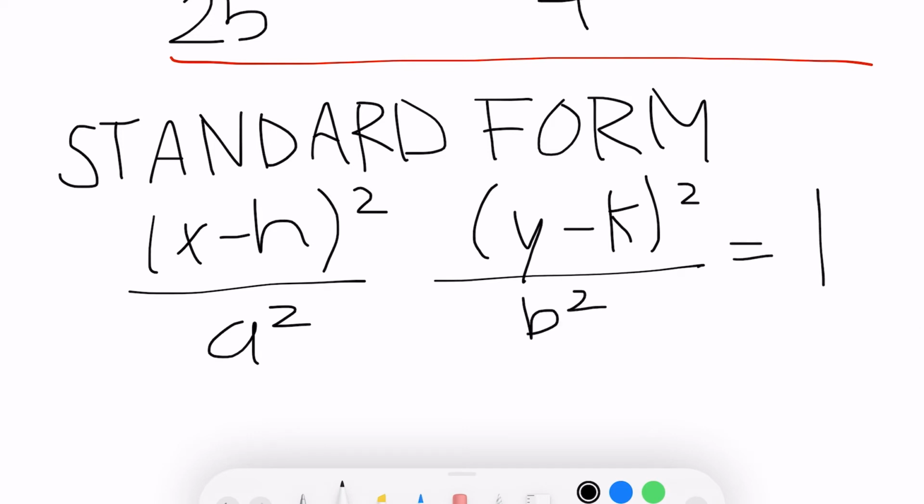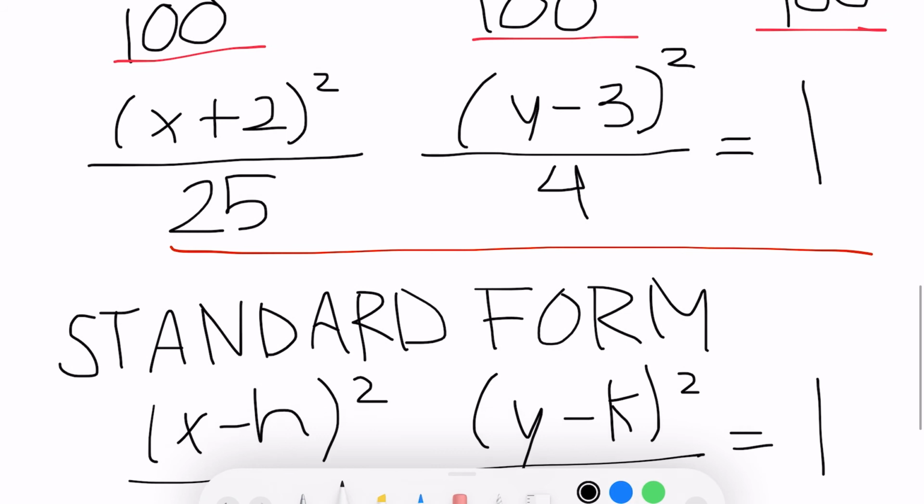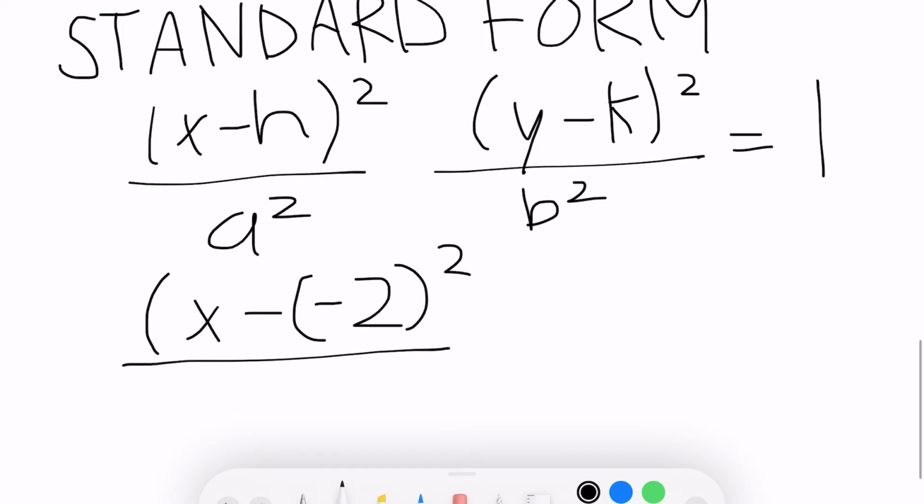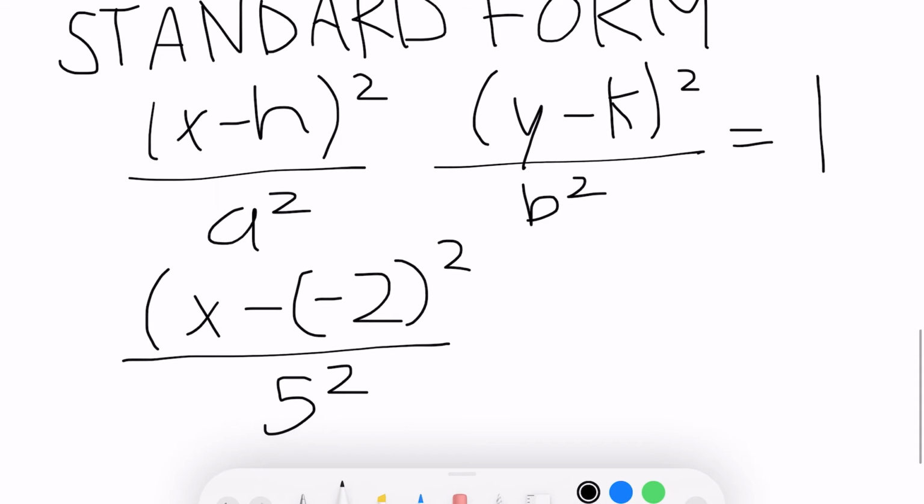As you can see, they're quite similar to each other, so we did it right. So we're going to rewrite the equation to match the standard form, and to see how to graph it.